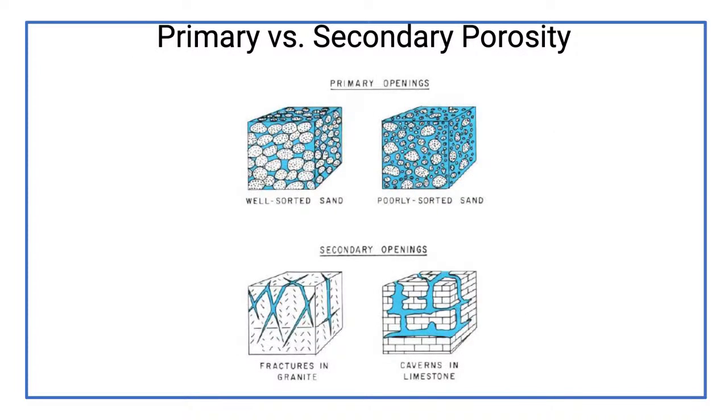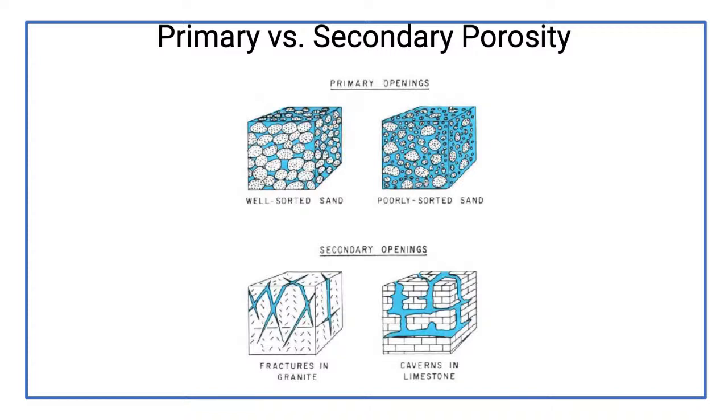So this is just an illustration of that, going back to our alluvial versus bedrock aquifers. Same illustration, but here we're looking at primary openings versus secondary openings, and you can see in the sand, our primary porosity is developed around the sand grains. In bedrock, it's in the fractures, or to the right there, it's going to be the caverns and the conduits in the limestone.